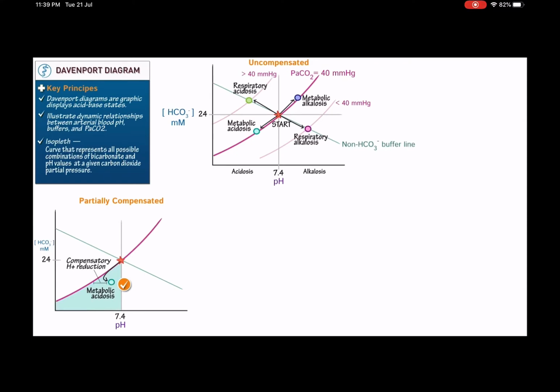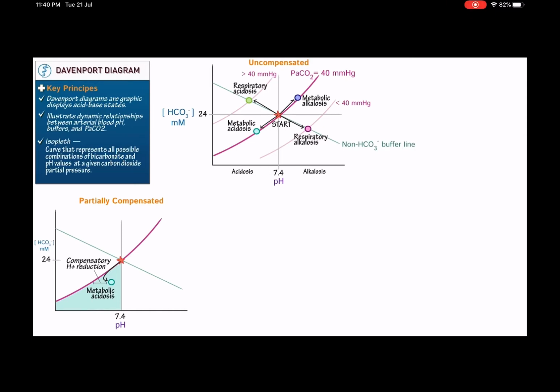Thus, our point of interest lies lower and to the right than our original graph. Shade in the area that represents all possible outcomes of partial compensation for metabolic acidosis. The extent of the original disturbance and the magnitude of compensation determine the specific blood outcome.